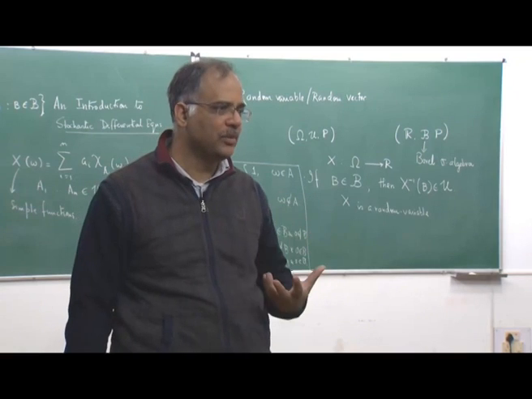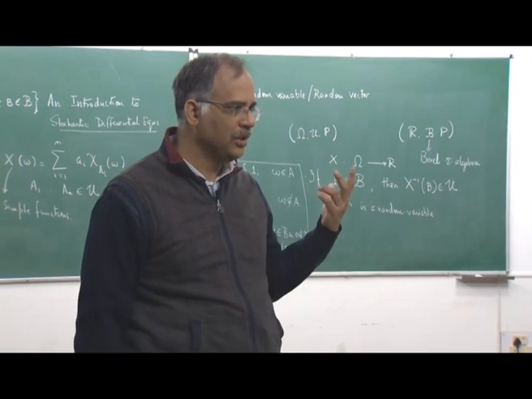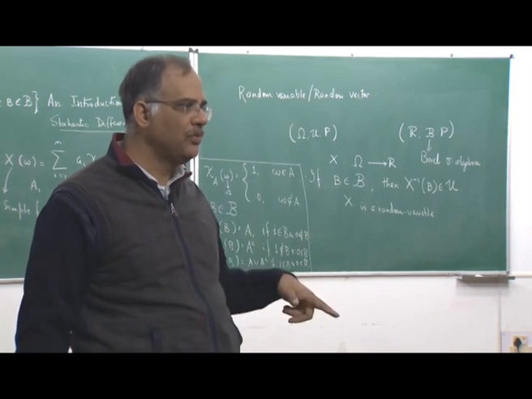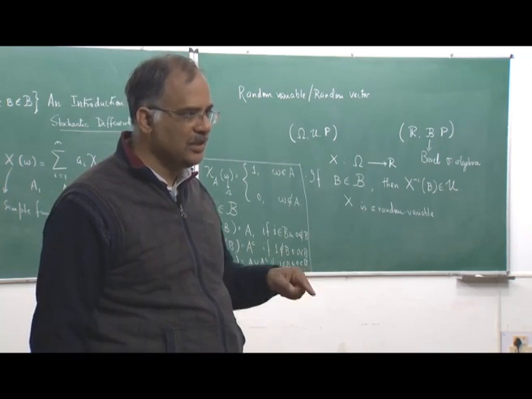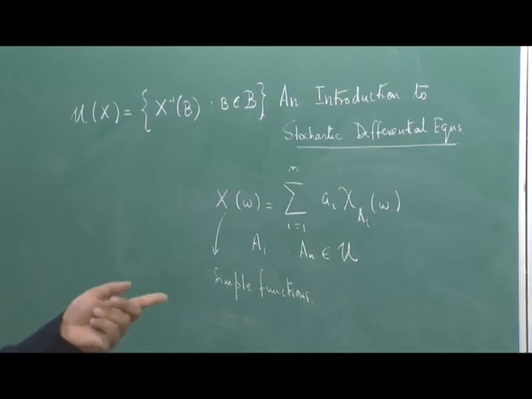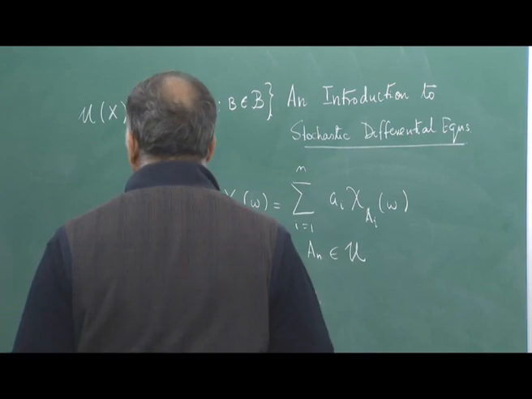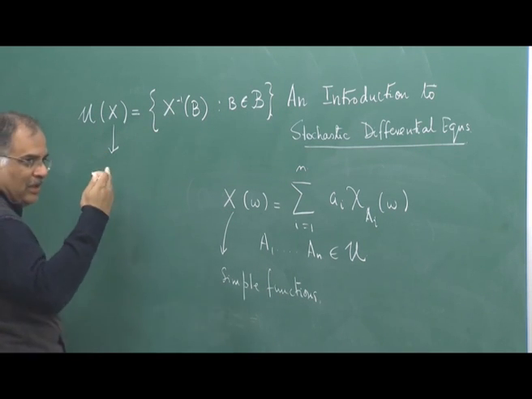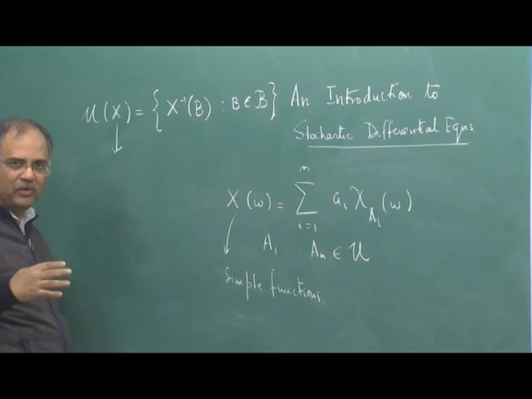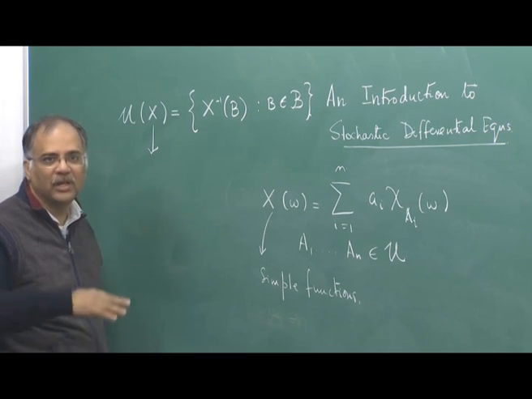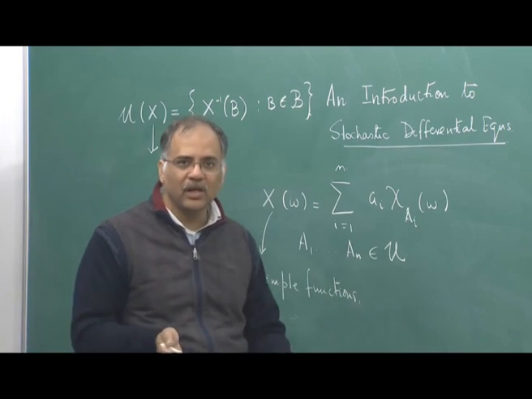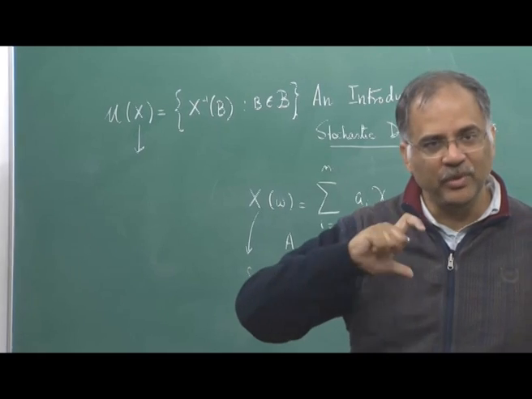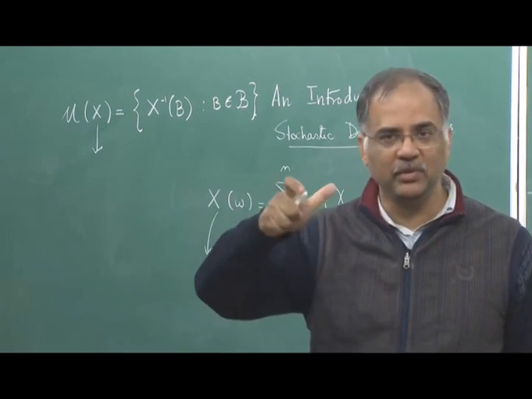So, it is collecting all the inverse images of all elements in B. If you take the union of that set, because the collection of all such things would actually form a sigma algebra, which is a sub sigma algebra of U basically. So, this is called a sigma algebra generated by X. See, X inverse B need not always give me every element in U, it will give me some elements in U. Those have a special significance, because they are the ones by which your whole game is being done, because they are linked to random variables.